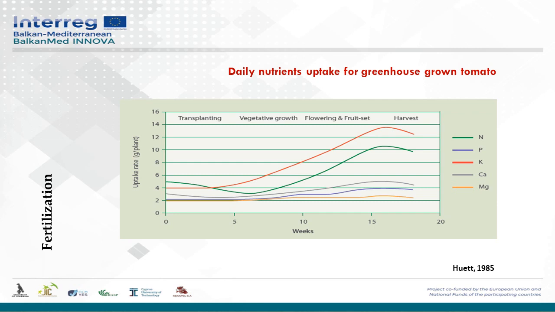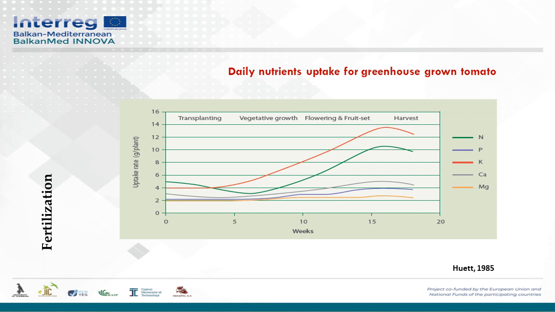For the rest of the other macronutrients, phosphorus, magnesium and calcium, we have only a slight increased demand during the flowering and fruit setting, but not similar to nitrogen and especially potassium.